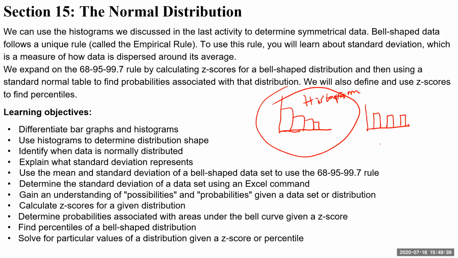These names will be used interchangeably: when you hear a normal distribution, a symmetrical distribution, and a bell-shaped distribution, they mean the same thing. Then we use a standard normal to find probabilities associated with that distribution. We will also define and use z-scores to find percentiles, and that will be in the third video. These shall be our learning objectives.